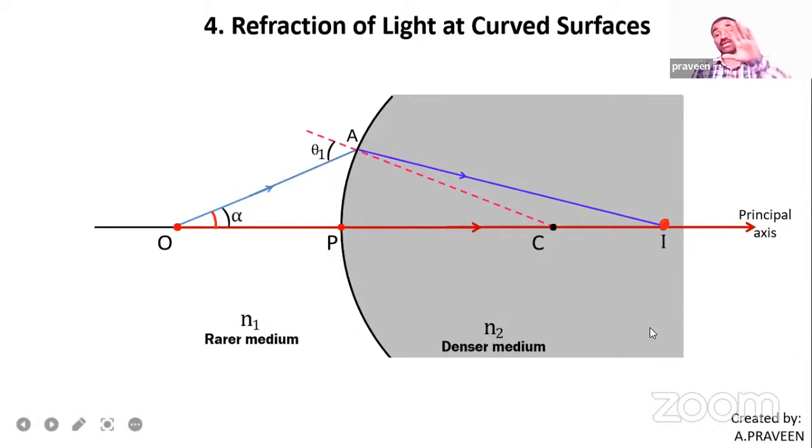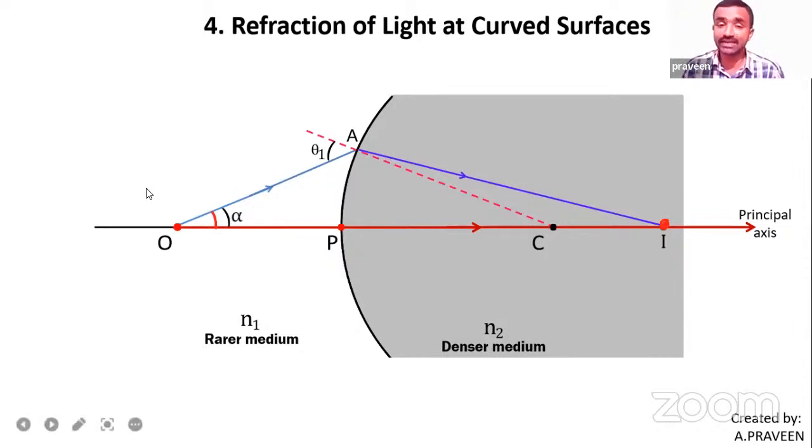Like this, we can explain the formation of an image by the curved surfaces. So the image is formed by the curved surface, as you see here. Then the derivation of the formula using the relation between the refractive indices, object distance, image distance, and the radius of curvature.